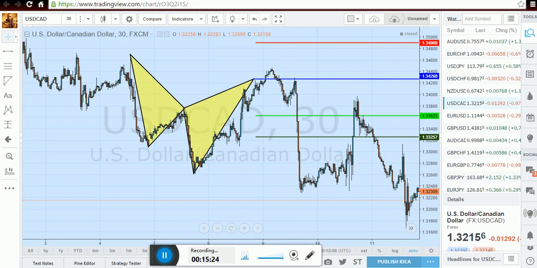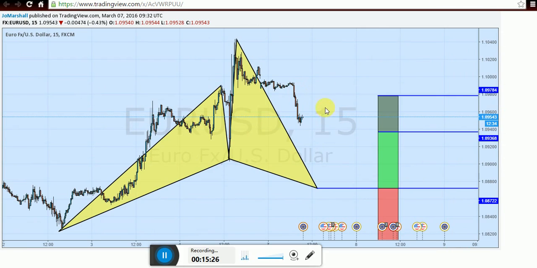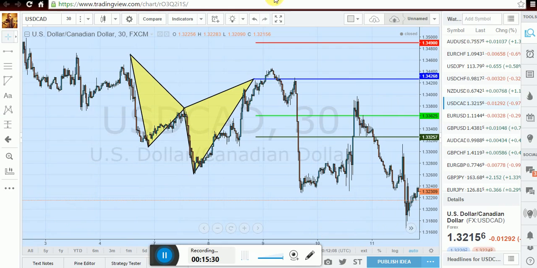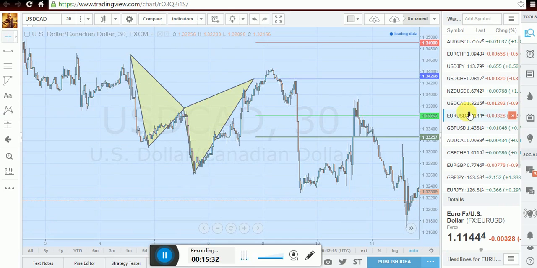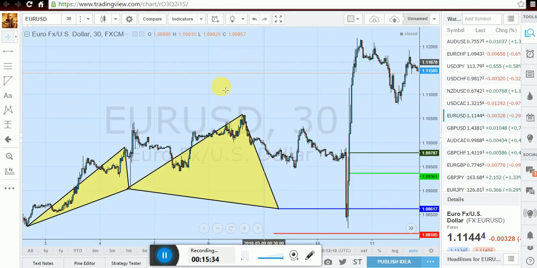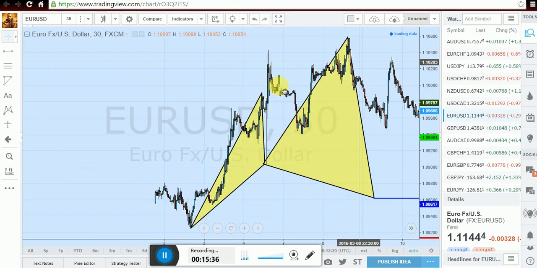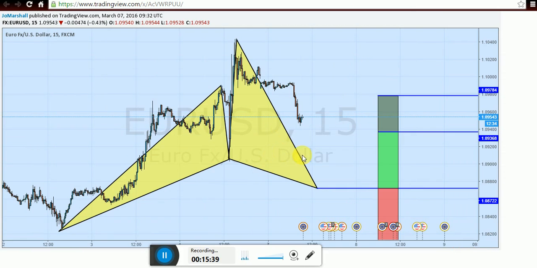And then moving on to the last one, it was the euro against the US dollar, another bullish cipher this time around. So if I bring up the chart and show you guys, as you can see, I sent out this signal as always. Actually, this took about 3 or 4 days before the order got filled, because the market went back up.